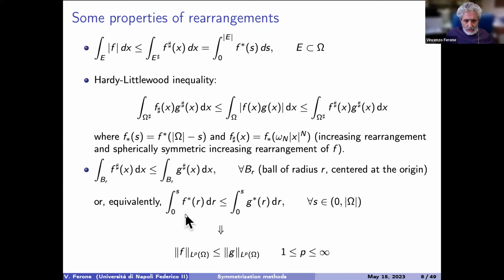Then from these inequalities, we can also deduce that the norm of F in LP is less than or equal to the norm of G in LP for any p between 1 and infinity.